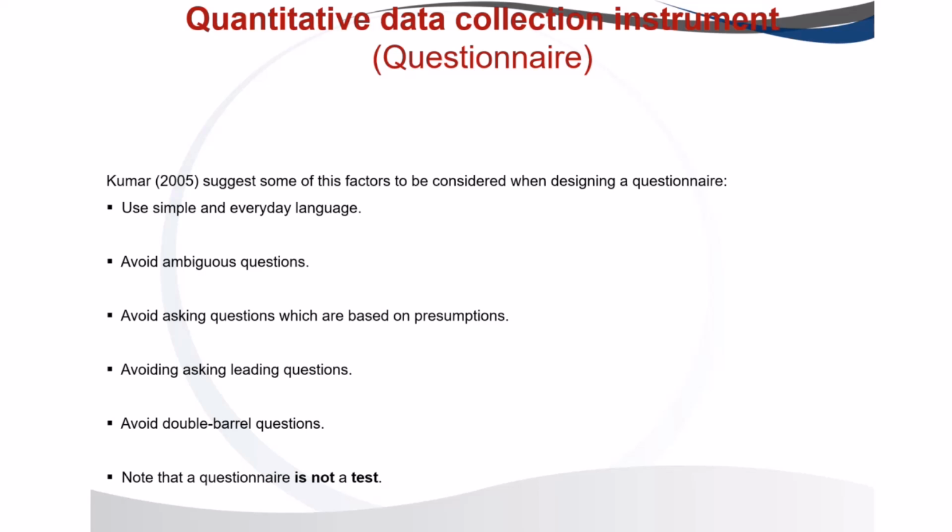It means if, let's say, for example, I have 50 statements in this questionnaire. What I'll do in my questionnaire, I'll write all the 50 statements together with the Likert scale.